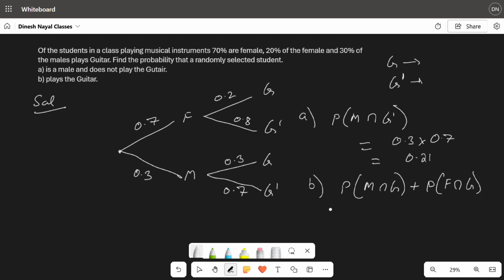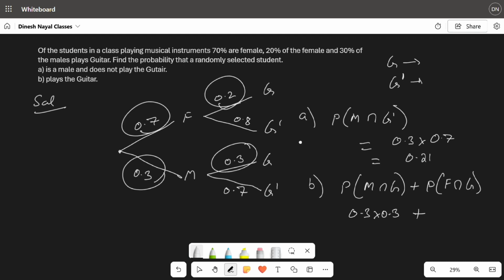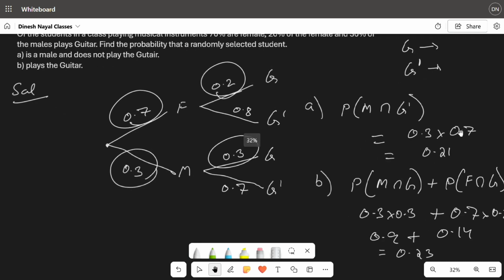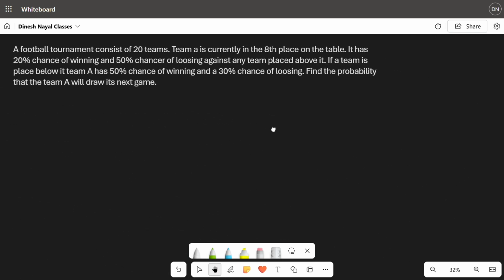So male playing guitar is 0.3 times 0.3 plus a female playing guitar will be 0.7 into 0.2. This is 0.09 plus this is 0.14. Okay, so total this will be 0.23. That's the answer for this question. Okay, moving on to our next question.